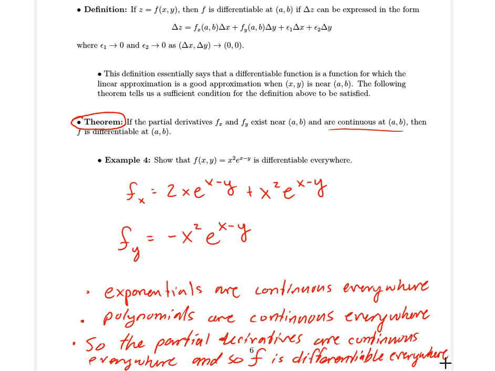Now, just as a reminder, what does continuous mean, right? I think our favorite definition is, can you draw the function without picking up your pencil, right? Clearly, you can draw a polynomial without picking up your pencil. You can draw an exponential without picking up your pencil. And because every single part of these partial derivatives is made of polynomials and exponentials multiplied or added together, then you can conclude that the partial derivatives themselves are continuous everywhere.